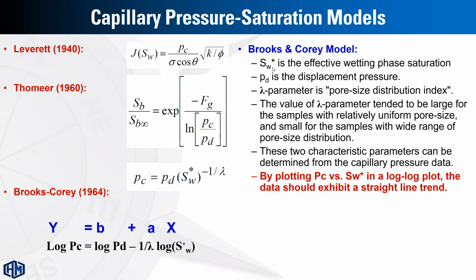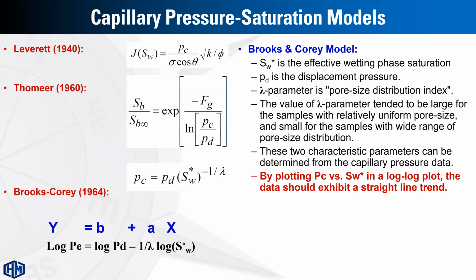So this equation is a function of Sw*, which is the effective wetting phase saturation, Pd is the displacement pressure or the entry pressure, lambda is the pore size distribution index.